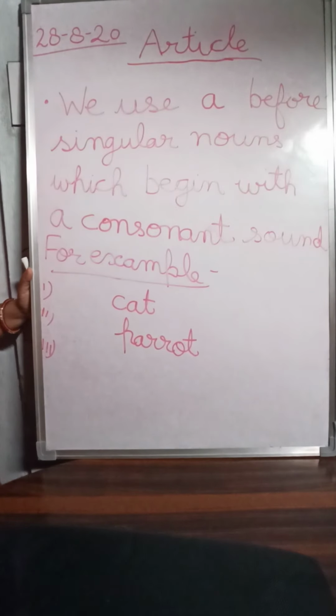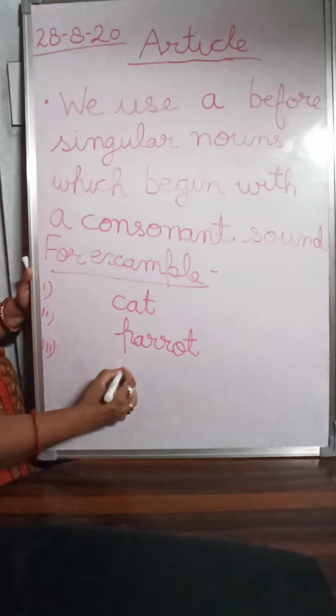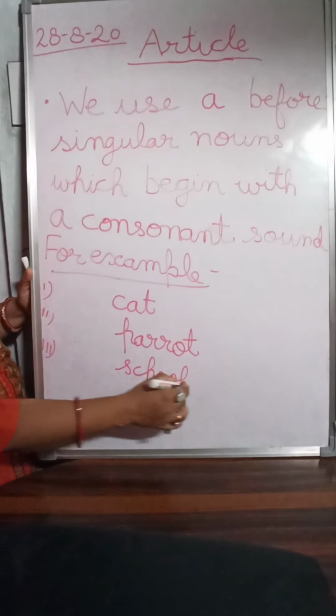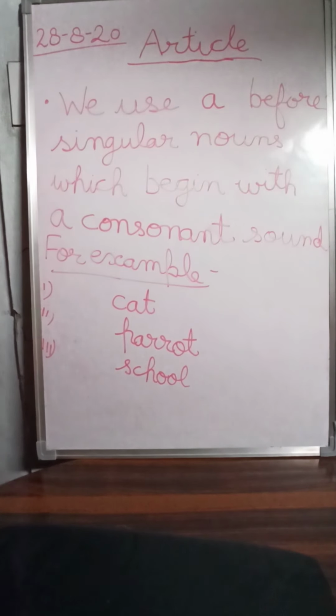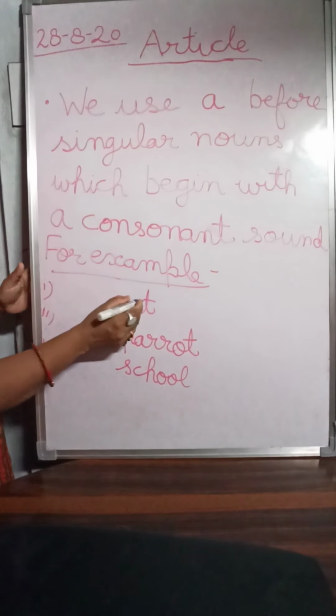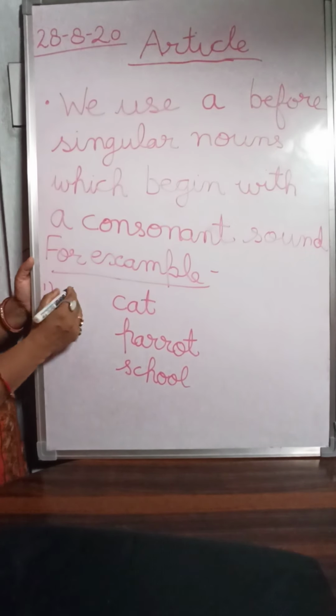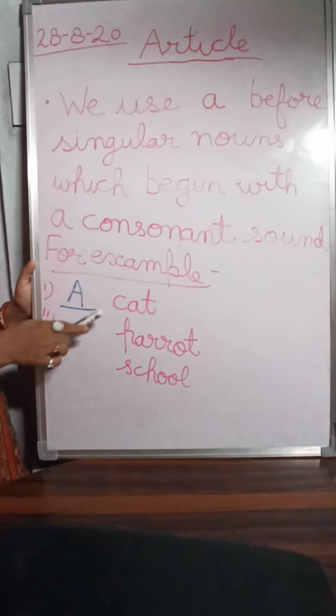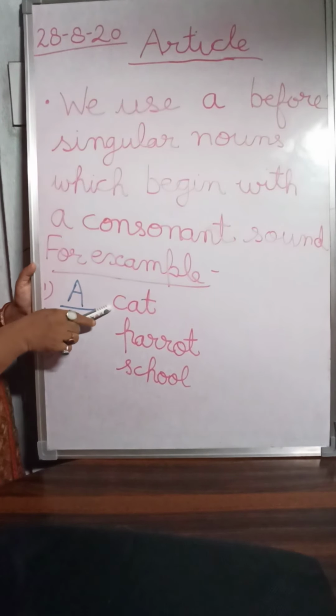The third word is school. You can take an example. See, this will be a cat. Why? Because the letter C is a consonant.